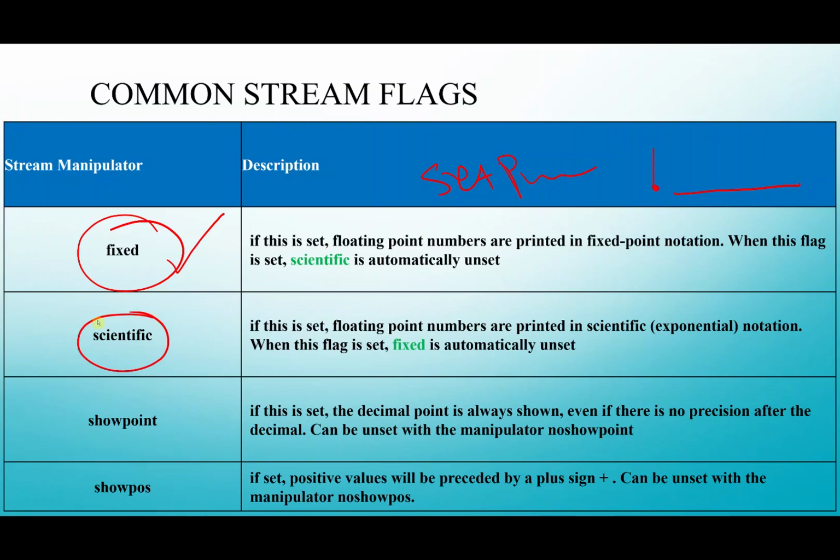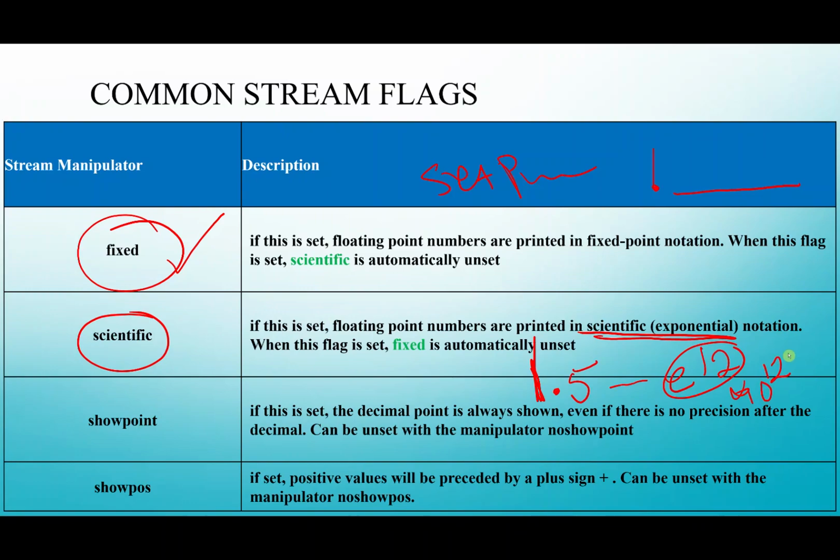Scientific is going to show the double or floating point numbers in scientific notation, the exponential notation. 1 digit only before the point, then a few digits after the point, then you would see E something like E12. And that means times 10 raised to the 12th power.